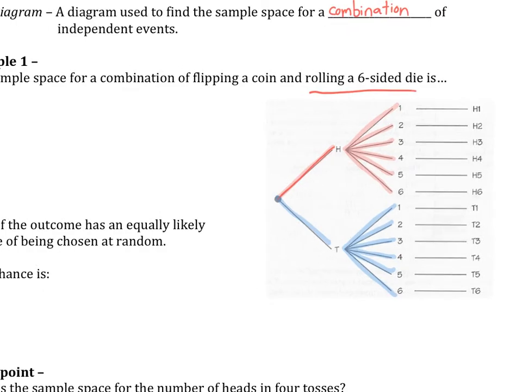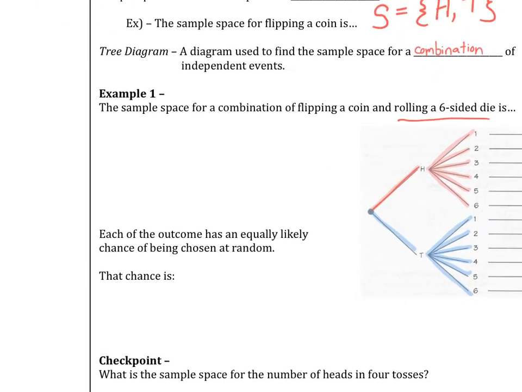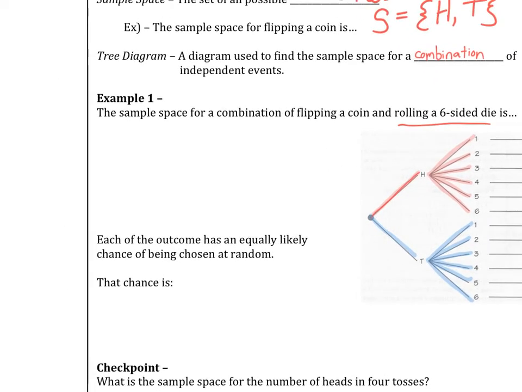Okay, so there's actually 12 possible combinations. And how we would write these out, we could put like H1 for heads and 1, H2 for heads and 2, H3, H4, H5, and H6 are all the possible heads.